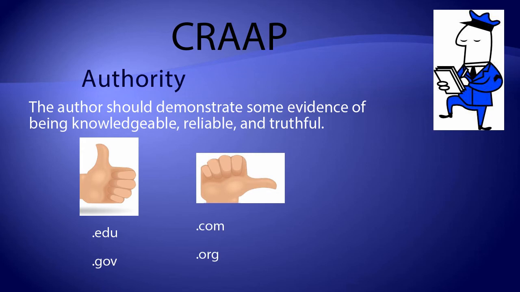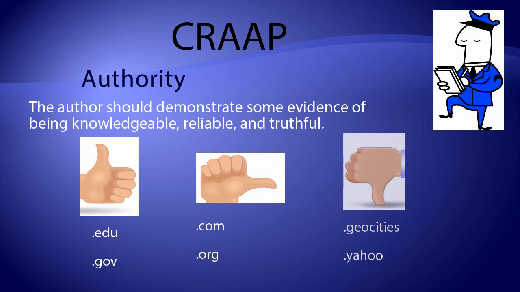Be a little more cautious when visiting .org and .com sites, since they may not be as objective or credible as the educational or governmental websites. You should be especially cautious when you see such domain names as .geocities or .yahoo, since those are free websites that permit anyone with a computer to post information regardless of their qualifications.